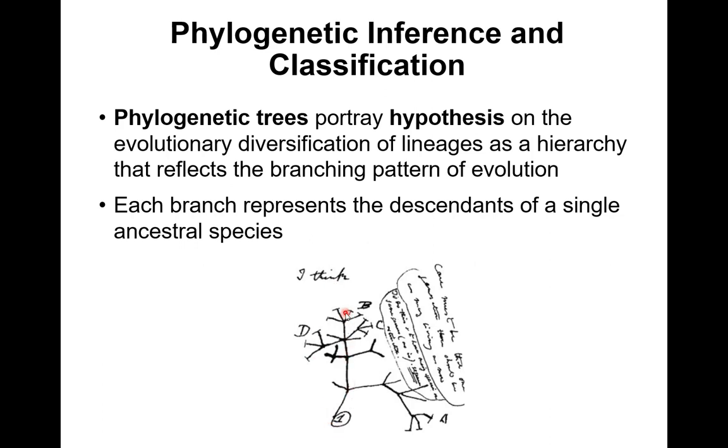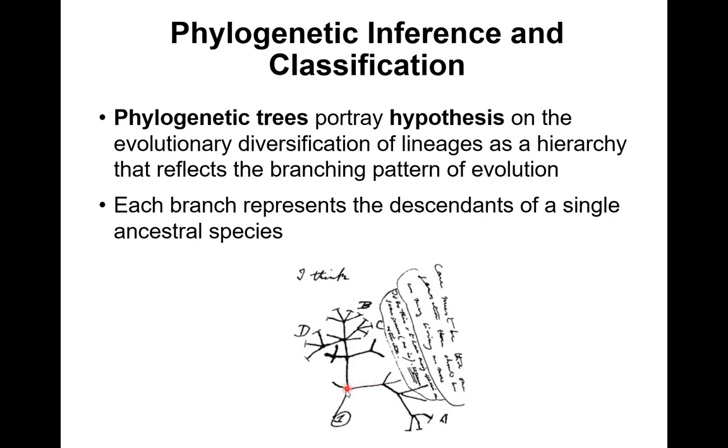This is an original one done by Darwin, one of those graphs that he did in his own notes, trying to figure out the relationship between different organisms. What he was saying is basically that all organisms, as in any phylogenetic tree, are originally joined together, and then with time they separate evolutionarily, right?